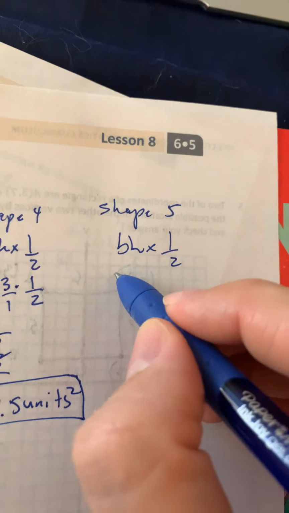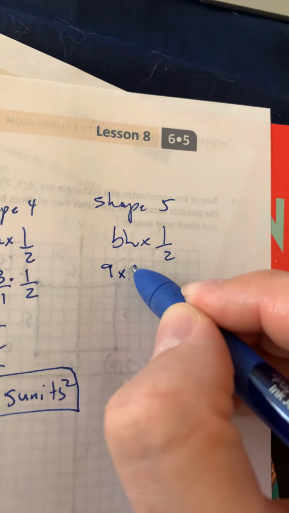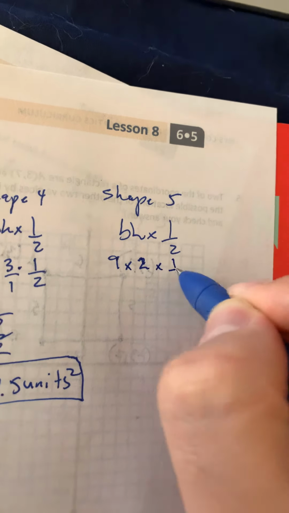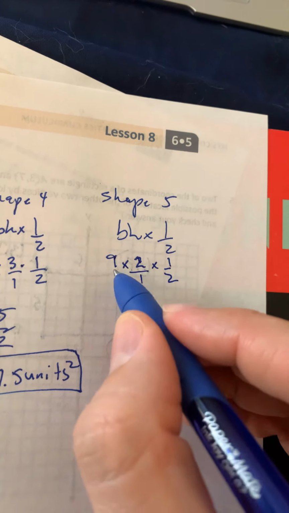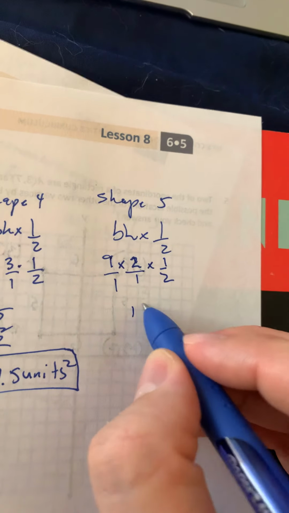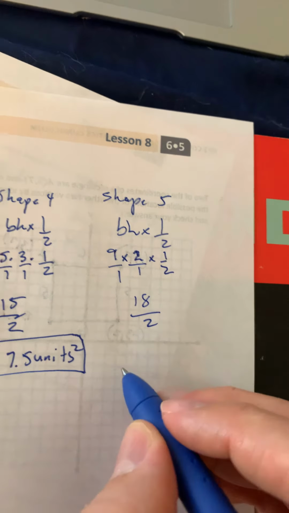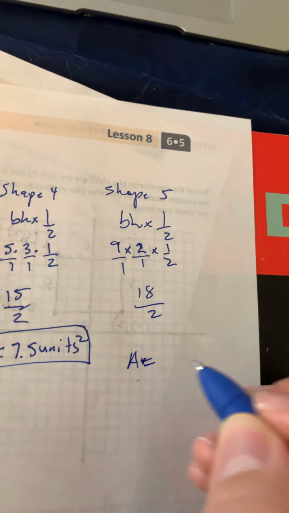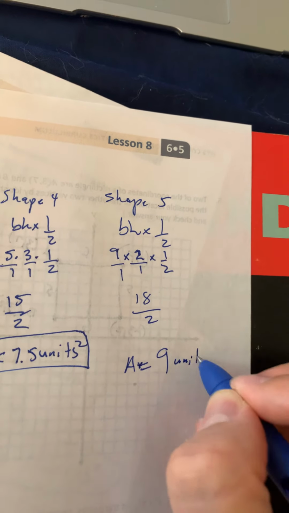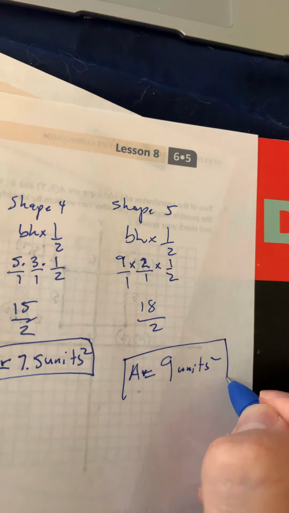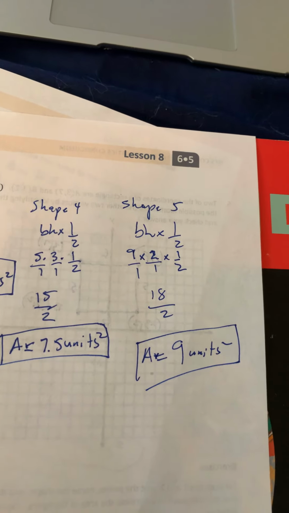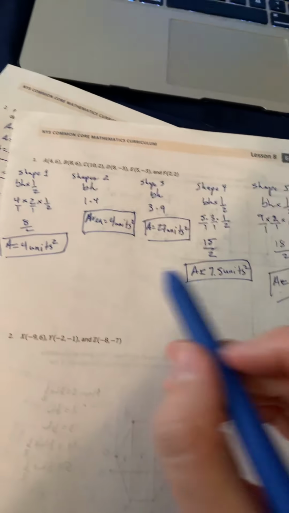So it's a 9x2, 9 times 2 times 1/2. Make it into fractions. 9 times 2 is 18 divided by 2. So the area of this triangle is 9 units squared.